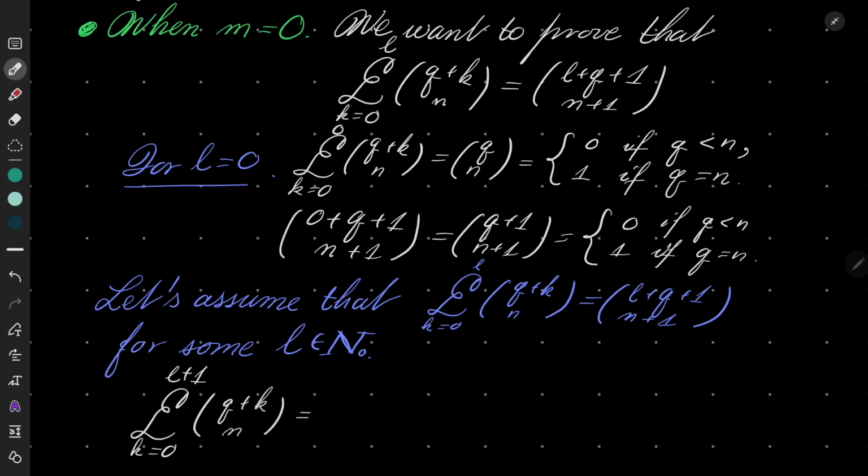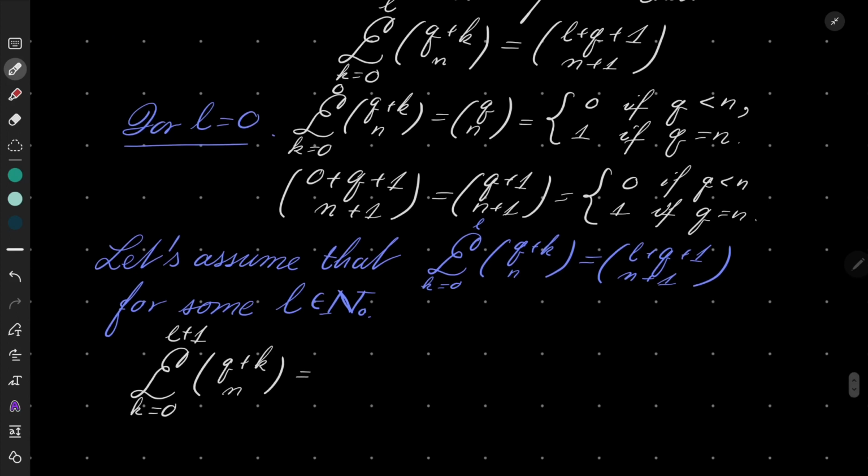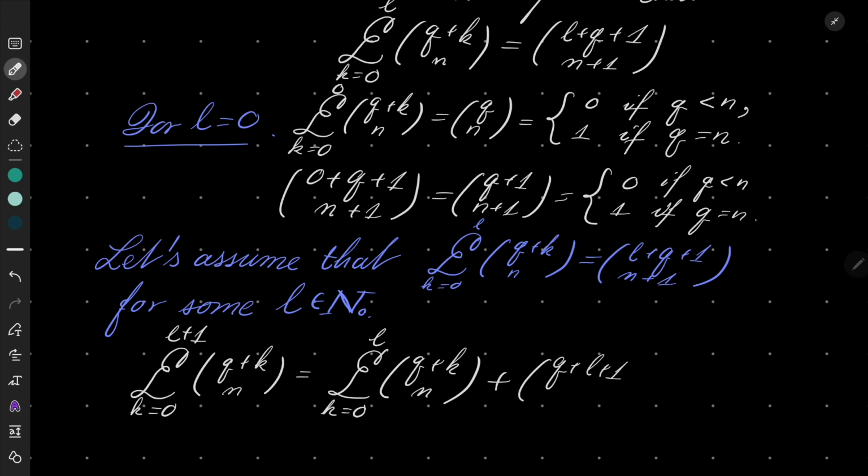Okay. Now, since our sum is from 0 to L plus 1, we can split it in two parts. First will be the sum from k equals 0 up to L of (q plus k choose n), and the last term is q plus L plus 1 choose n.